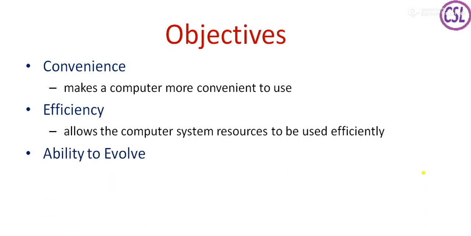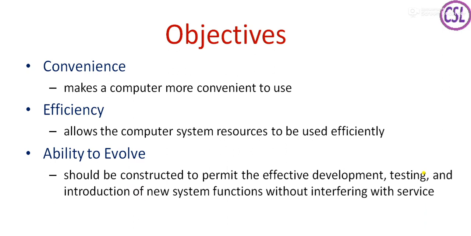Then the final objective is ability to evolve. This is a very, very important objective. Ability to evolve in the sense the operating system is ready to accept new features, new functionalities without disturbing its original functionality. That means we design an operating system.